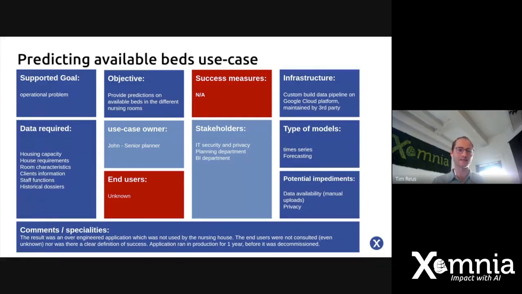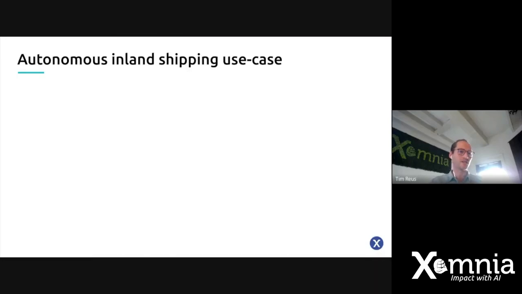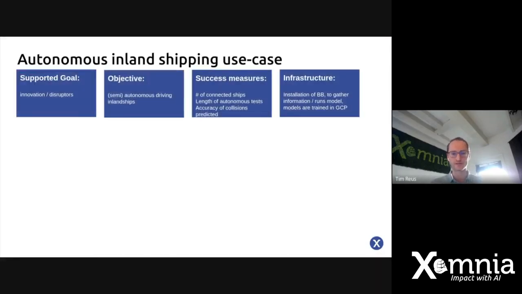And then the last example that I want to do, because I think I'm running out of time, is something that we're currently doing in inland shipping, and that is creating semi-autonomous inland ships. Maybe something you've heard before, and it's called shipping technology. Here we look at it from an innovative and disruption perspective, right?